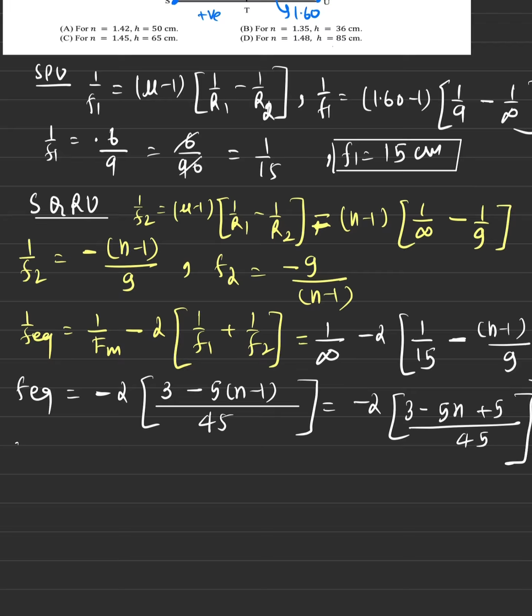The value of 1 by f equivalent is minus 2 times (8 minus 5N) upon 45.